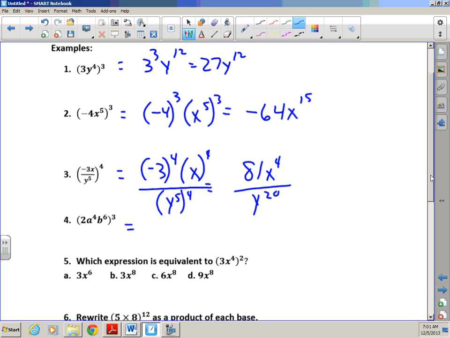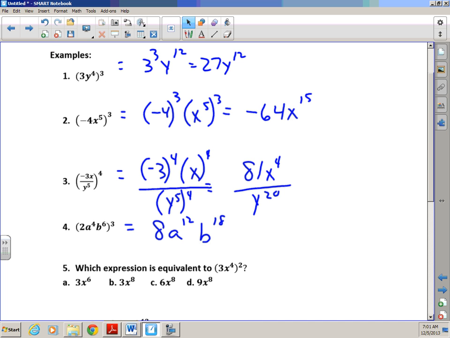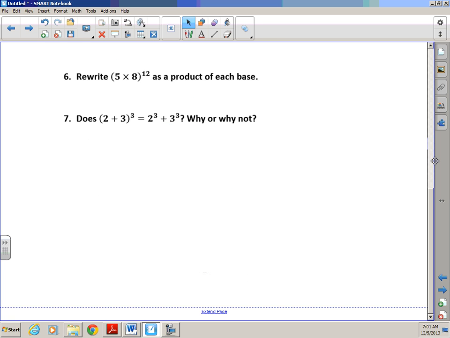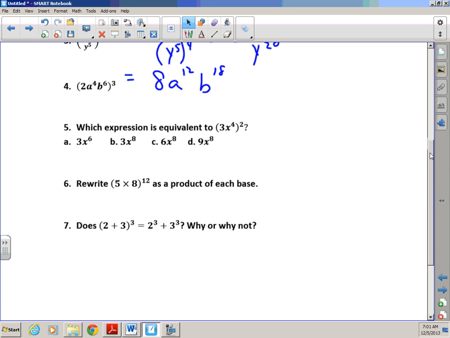And then lastly, this is going to be 8, a to the 12th, b to the 18th. Okay? All right? Multiple choice. Which expression is equivalent to 3x to the 4th squared? Hopefully you realize that that's D.